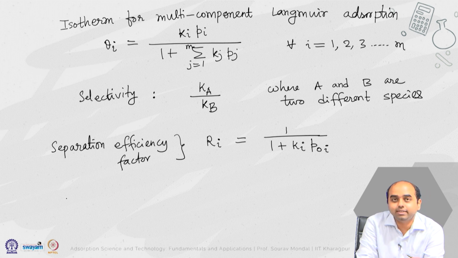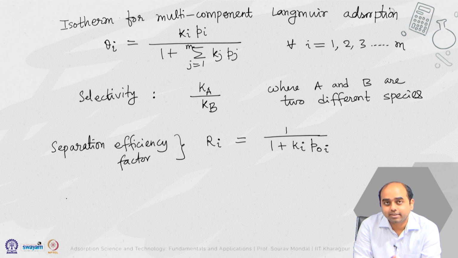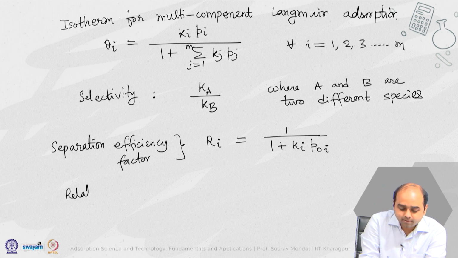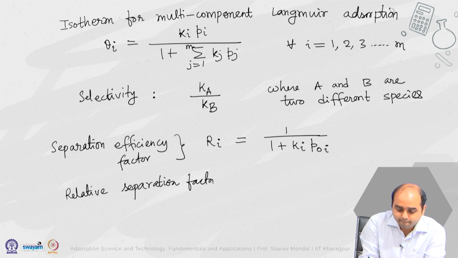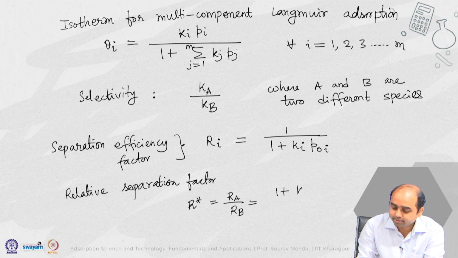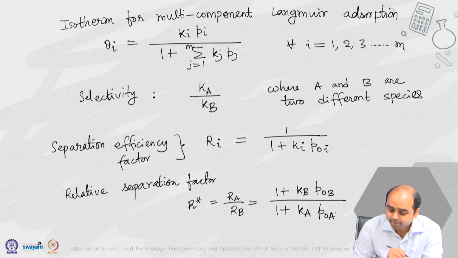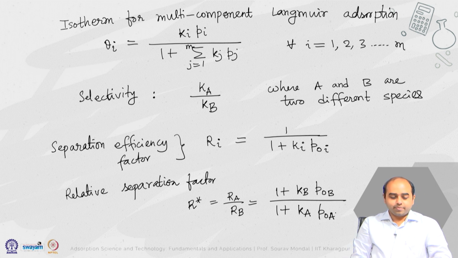So, the relative separation efficiency, or relative separation factor, R star, which is RA by RB, can be defined as 1 plus KB P0B over 1 plus KA P0A. This is how typically the Langmuir isotherm separation efficiency can be discussed.